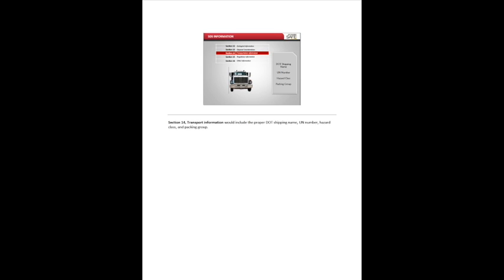Section 14, Transport Information, would include the proper DOT shipping name, UN number, hazard class, and packing group. Next slide. Section 15, Regulatory Information, would include any product-specific safety, health, and environmental regulations. Next slide. Finally, Section 16, Other Information, includes the date of preparation of the last revision of the SDS.